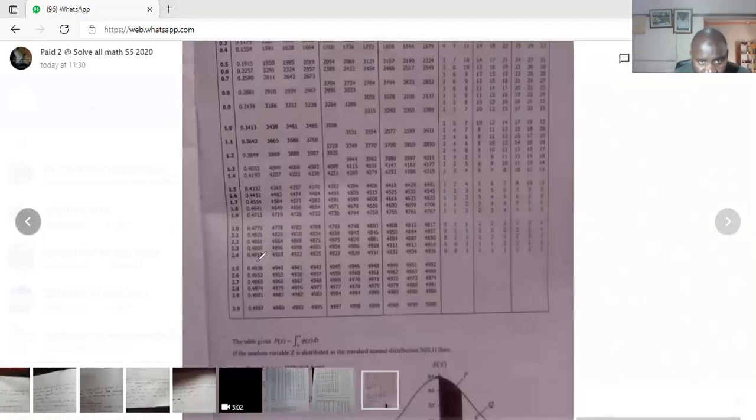So 49, where are you? 4906, it is obvious, it is here. So we have read 2.3, then 0, 1, 2, 3, 4, 5. 2.350 is our Z alpha over 2. Have we all got that? Yes, sir. Guys, are we all comfortable? Yes, teacher. Okay, thank you for that.